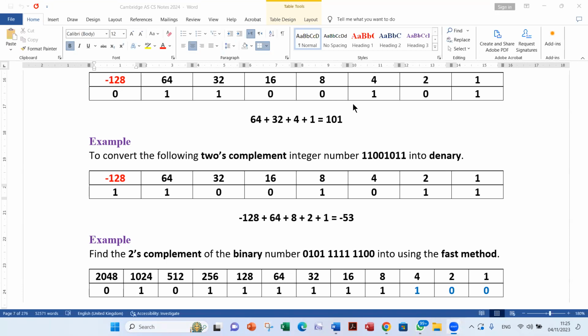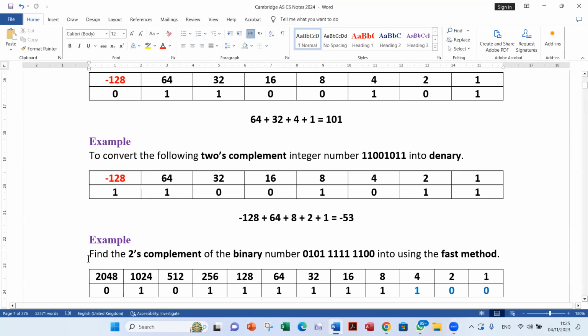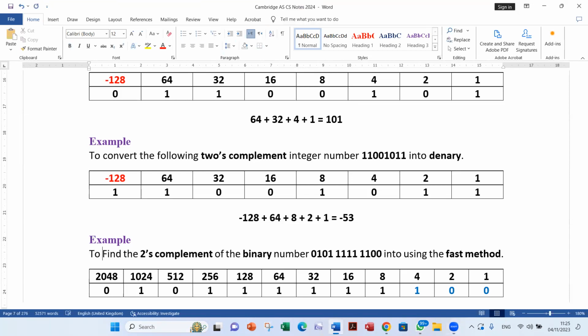Now let us go ahead. We would like to find the 2's complement of the binary number 0101 1111 1100 using the fast method. For any method, it's up to you.